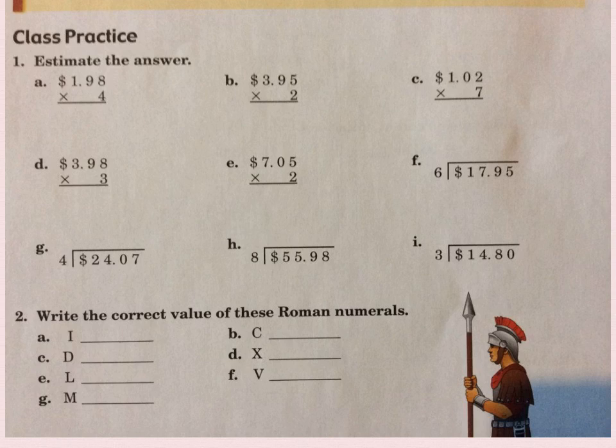Let's look at G on number 1, because in G we have a division problem. I should back up. Let's look at F also. $17.95. That's close to $18. So let's ask ourselves, how many times does 6 go into 18? 6 will go into $18 3 times, so we get $3.